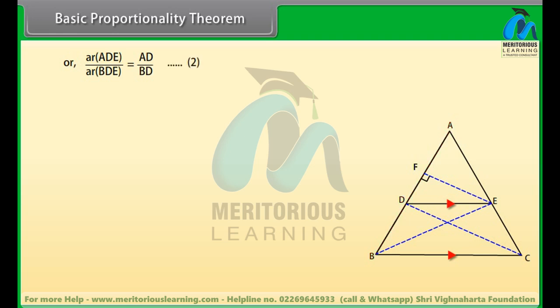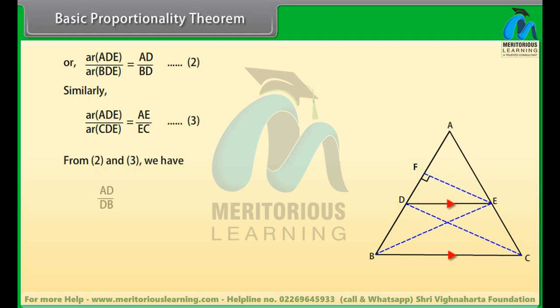Mark it as 2. Similarly, area of triangle ADE upon area of triangle CDE is equal to AE upon EC. Mark it as 3. From 2 and 3 we have AD upon DB equals AE upon EC, hence proved.